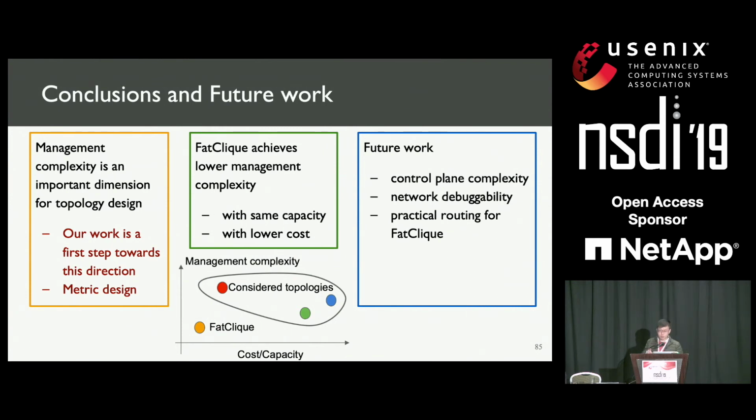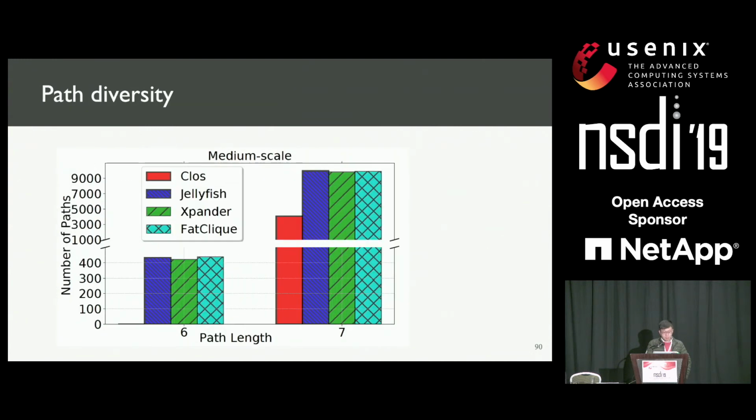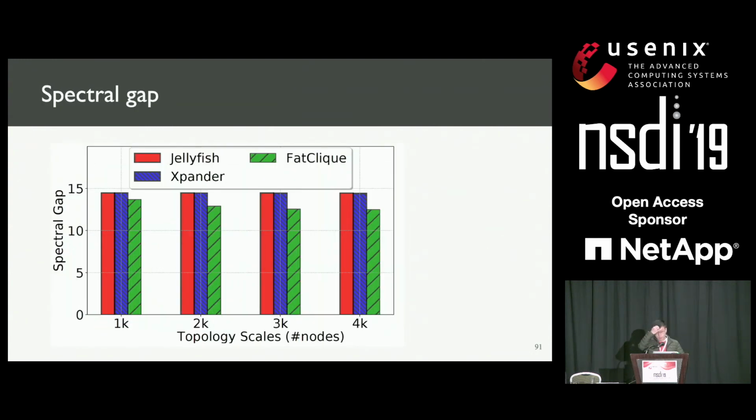You mean the translation between throughput and what? Spectral gap, right? In one of your appendices, spectral gap, yeah. Okay, so we have some results for spectral gap. To give the audience some background, spectral gap is a theoretical metric, which means if a topology has a larger spectral gap, it might have larger capacity.